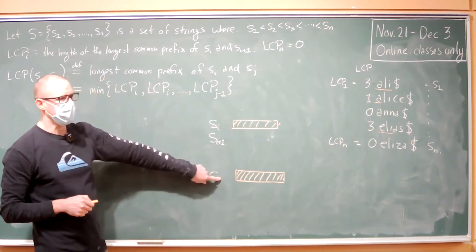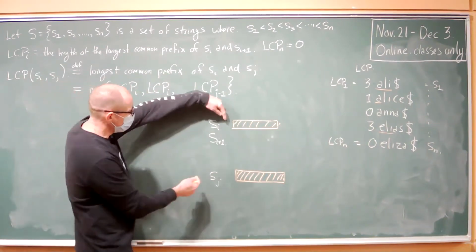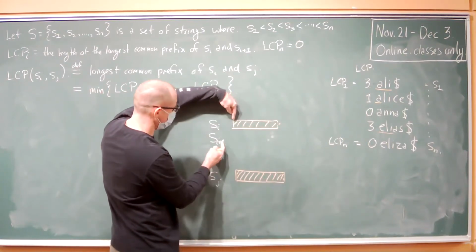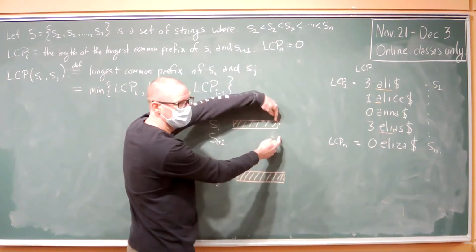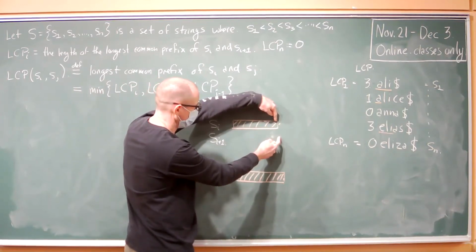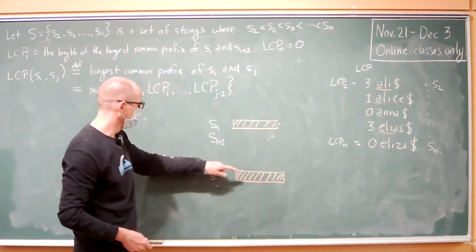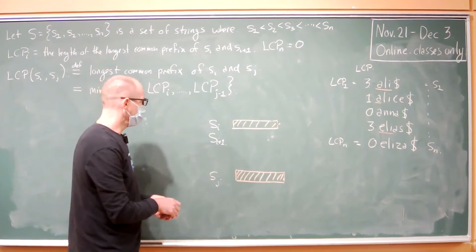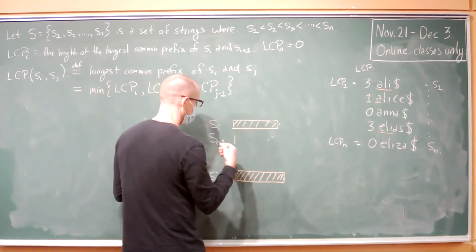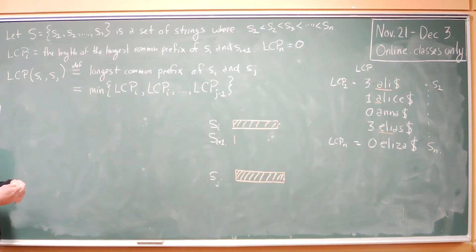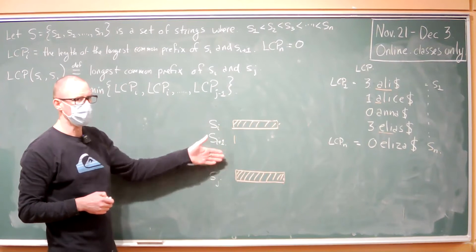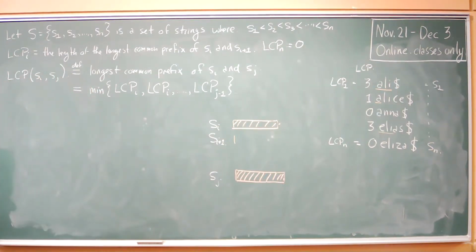Lexicographically, it's between Si and Sj, and if I compare Si and Sj, they're all equal up to this character, which means that Si+1 and Si must also be equal up to this character, or else it would have fallen out here or up here. And so really, the longest common prefix between Si and Sj is just the minimum of all those prefixes, one after the other. Okay, quite easy.